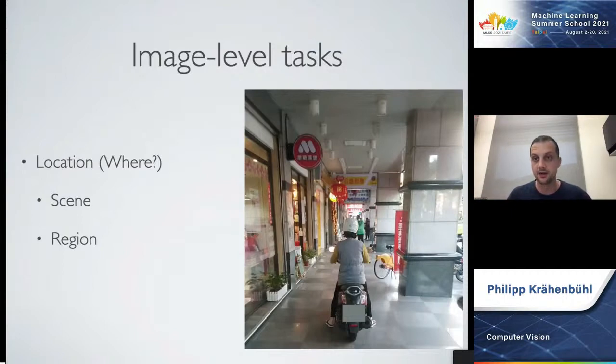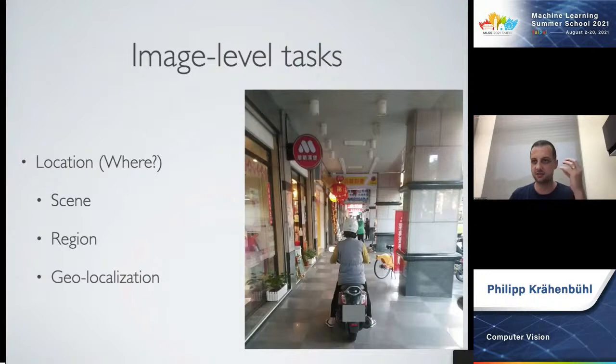All right, let's get back to the location tasks. Another task that you might be interested in is what region was this captured in? Now, this picture here was captured in Taipei. That might be the general region. You want to also just say this is a picture from Asia. And again, this is a classification problem. And then the final problem, or the final granularity of this, is trying to figure out where exactly this picture was taken.